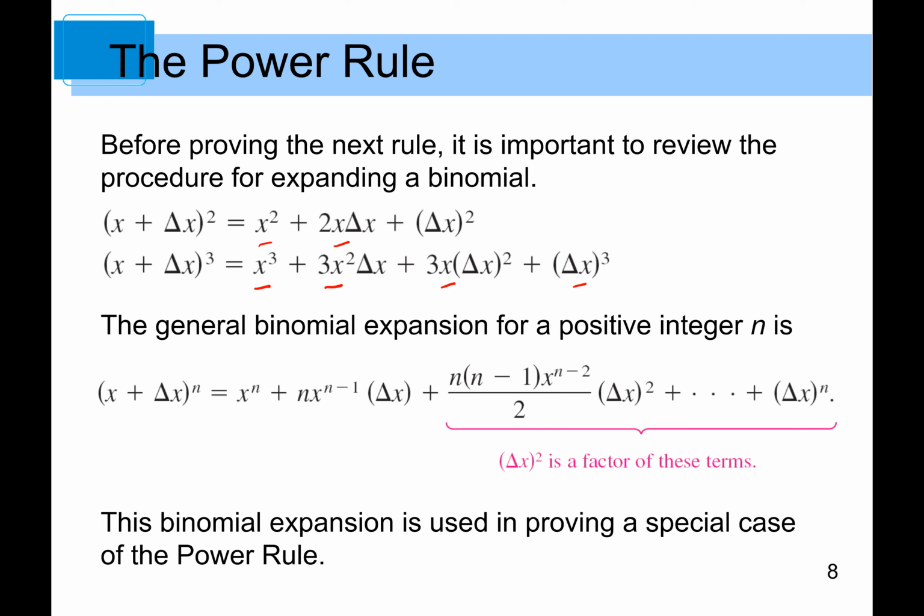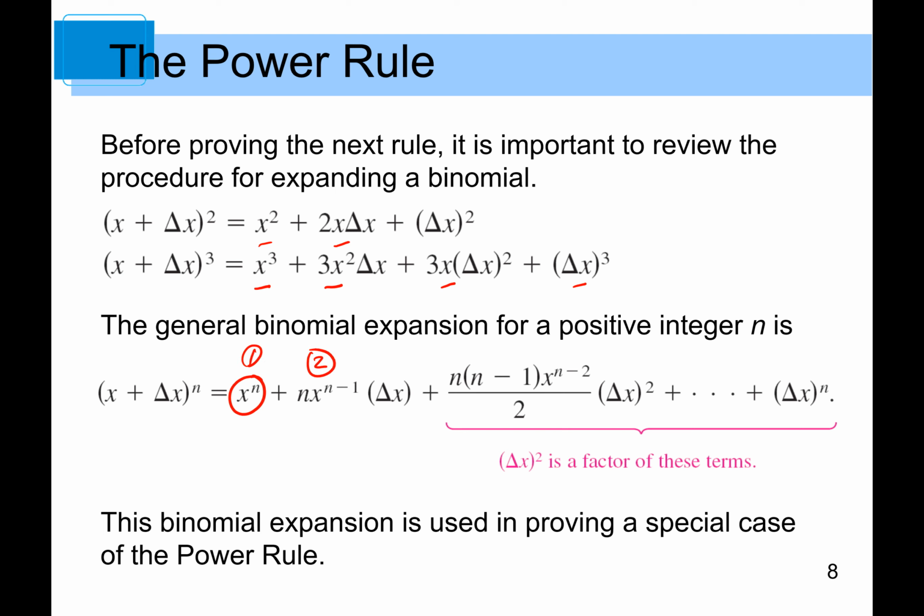So the general binomial expansion for a positive integer n is (x plus delta x) to the n, which becomes x to the nth, the first term. The second term is n times x to the n minus 1 times delta x.